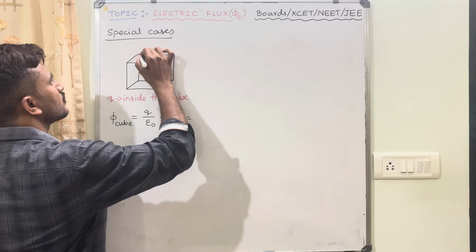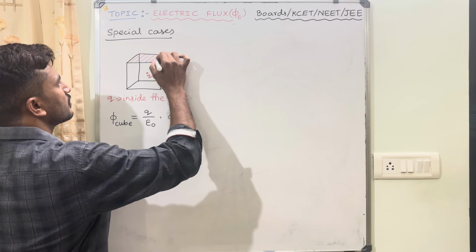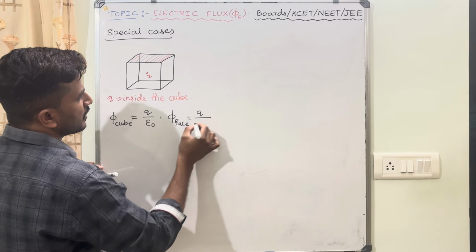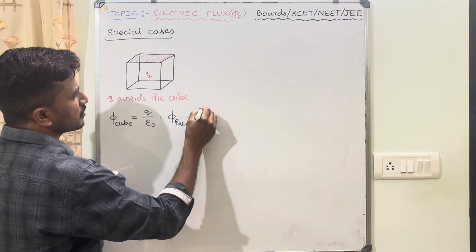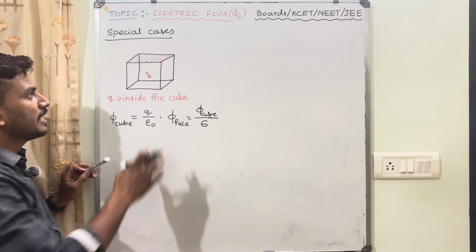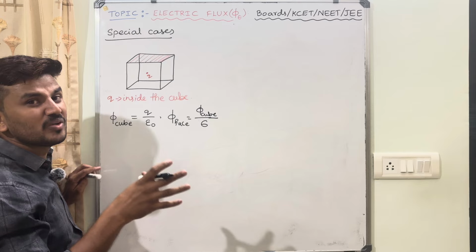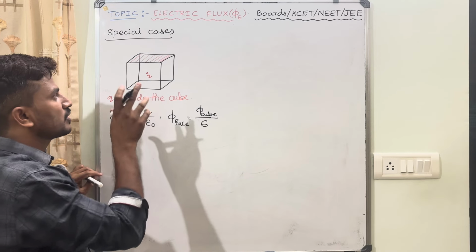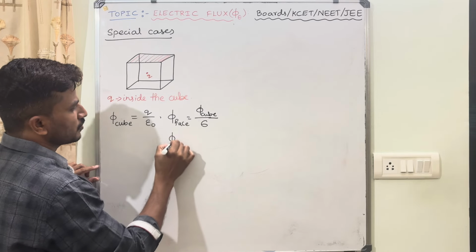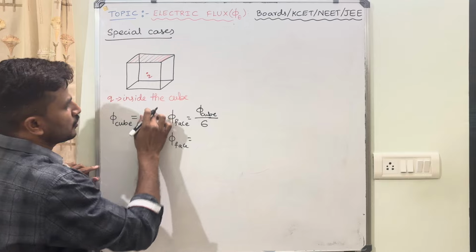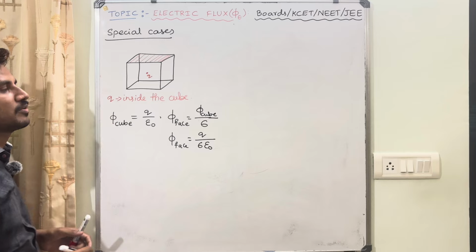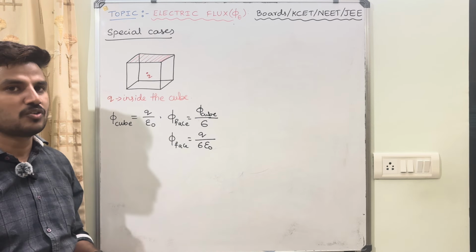Let's consider the flux through this shaded face. The total flux through the cube is divided by 6 because it has 6 equally divided areas. These are called faces. 6 equal faces are there, so dividing by 6 gives the flux through each face as q by epsilon naught divided by 6. Very important one, if the charge is present inside the cube.